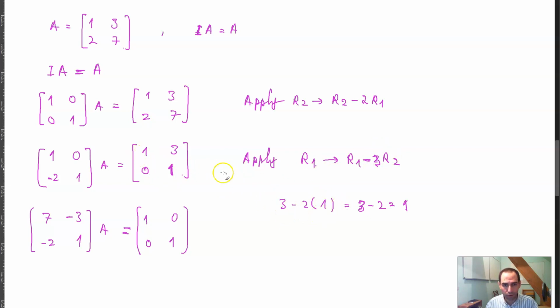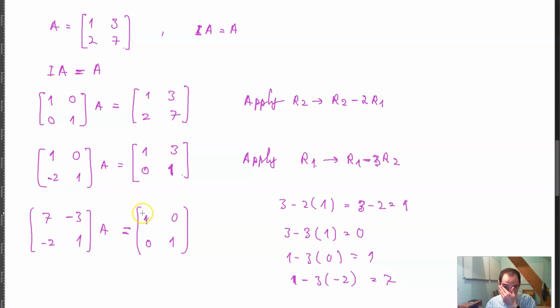So if I write 3 minus 3 times 1, that is going to give me a 0, which is what I have gotten here. And then 1 minus 3 times 0 is going to give me a 1, which is what I have gotten here. And 1 minus 3 times negative 2 is equal to, this is positive 6, so I get 7 here.